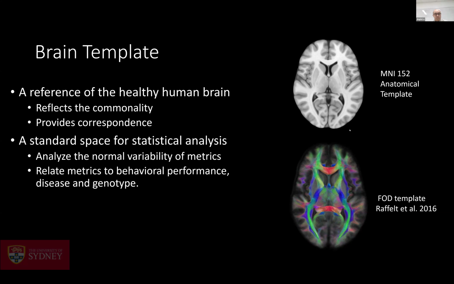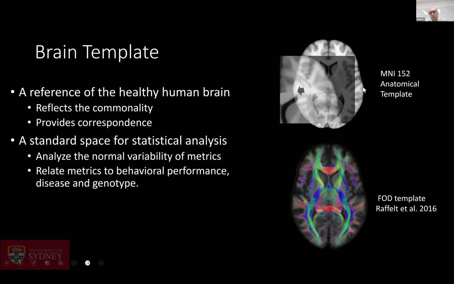On the right top, you're looking at the MNI 152 anatomical template. As we know, it is built solely based on the T1-weighted image. I think in certain versions, there are also T2-weighted images. But anyway, it's a template about brain anatomy.